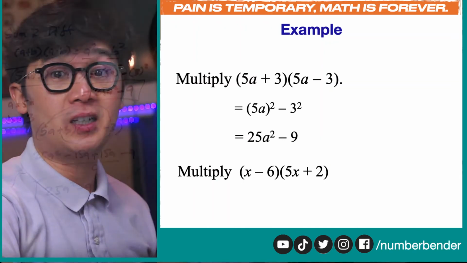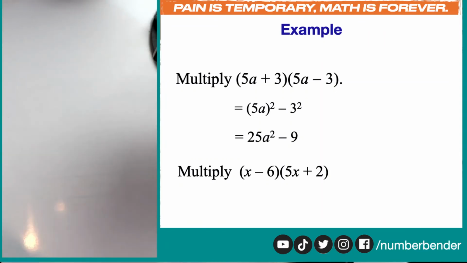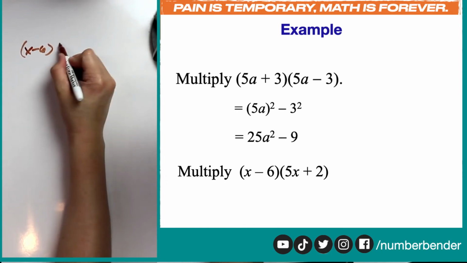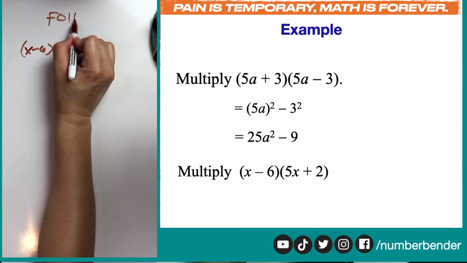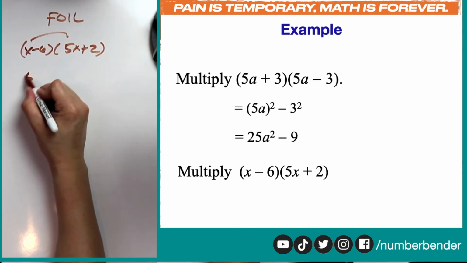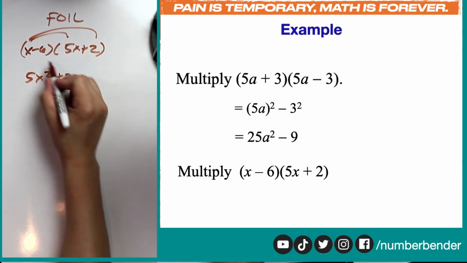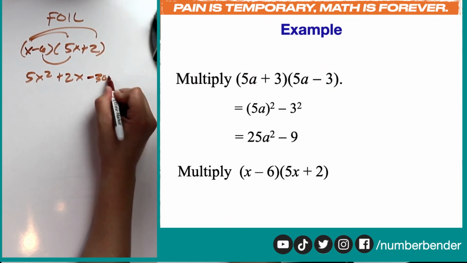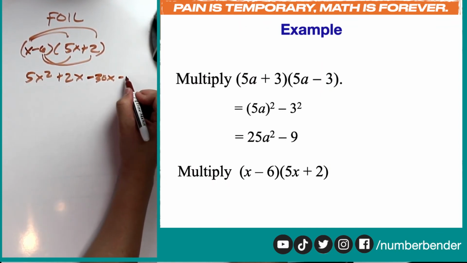So for this particular case, we have no other option but to use the FOIL method to find the product of x minus 6 and 5x plus 2. So by using the FOIL method, we'll have 5x squared, we'll have 2x positive, we'll have 30x negative, and we'll have negative 6 times 2, which is negative 12.